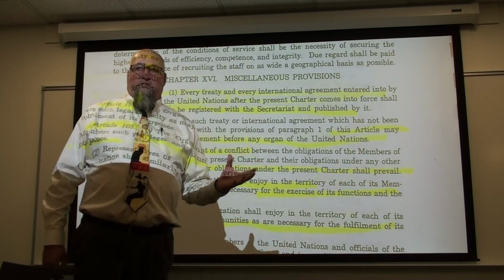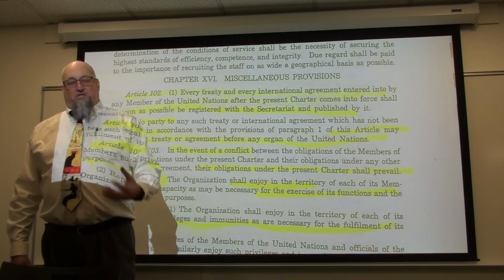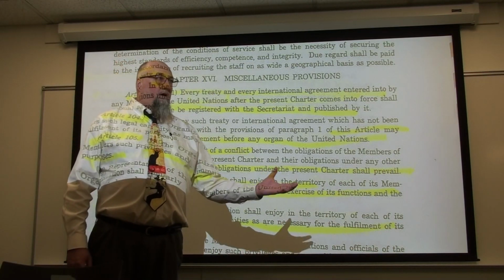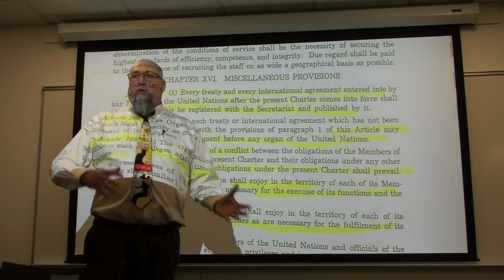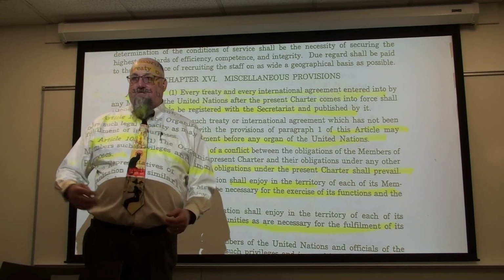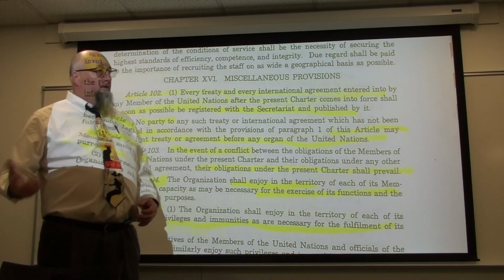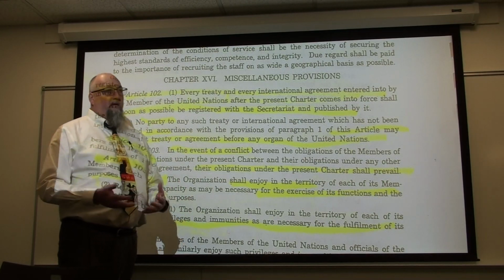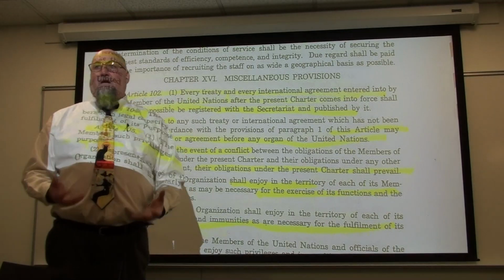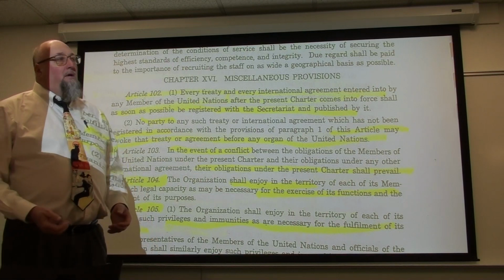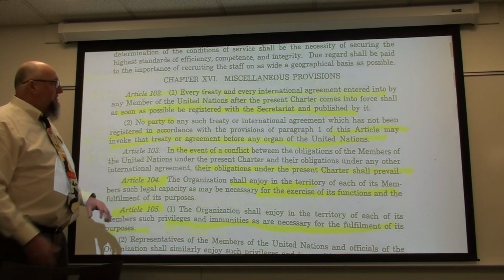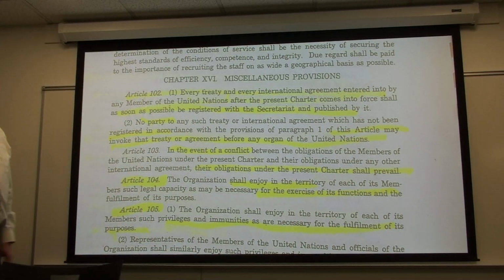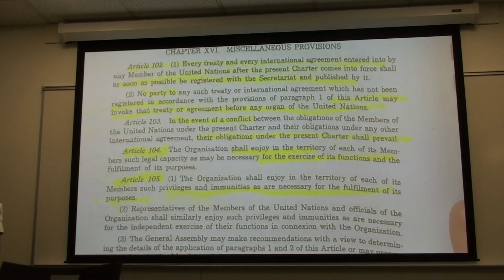And essentially what that's saying is if a state fails to file a treaty with the UN, and then that state wants to go to the General Assembly or the Security Council or the International Court of Justice for that matter, and rely upon that treaty that has not been filed, they may not be able to do so. So that is a sort of a penalty for not registering the treaty.